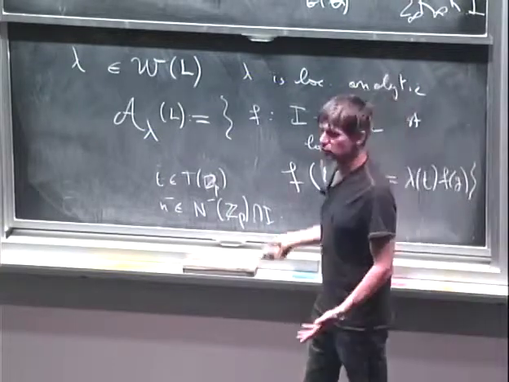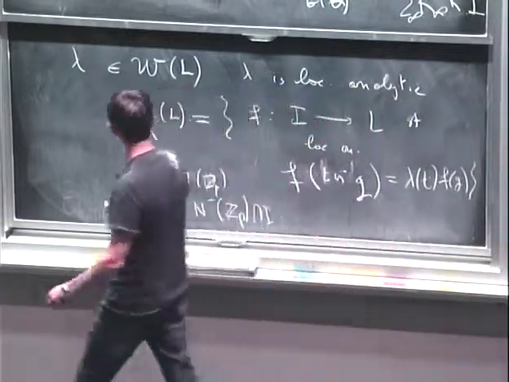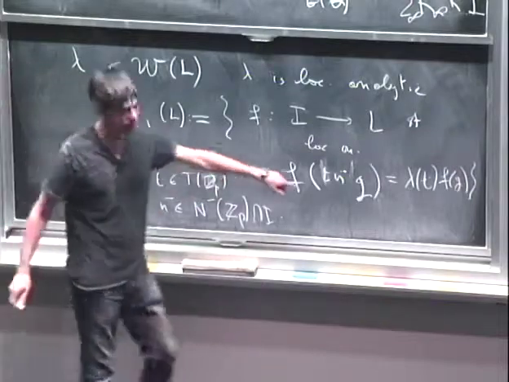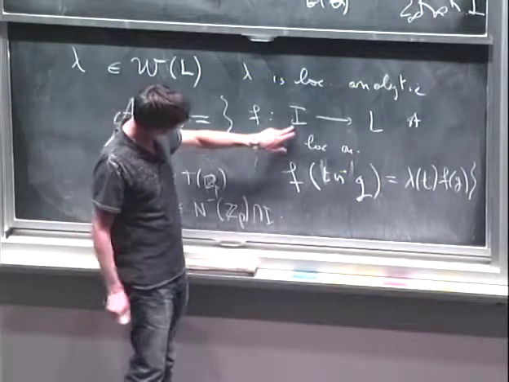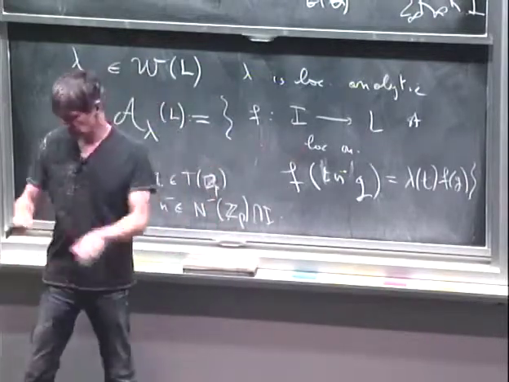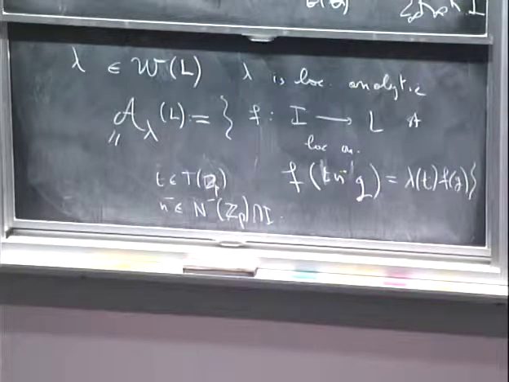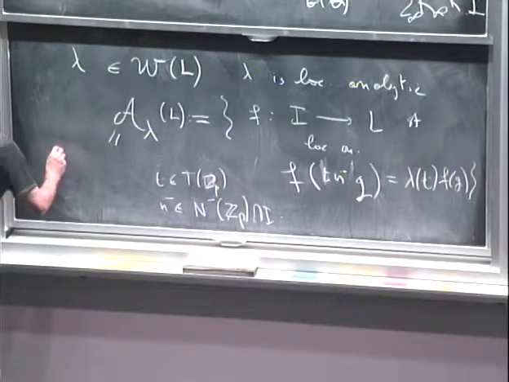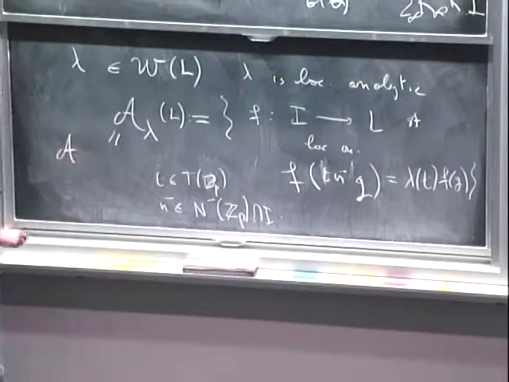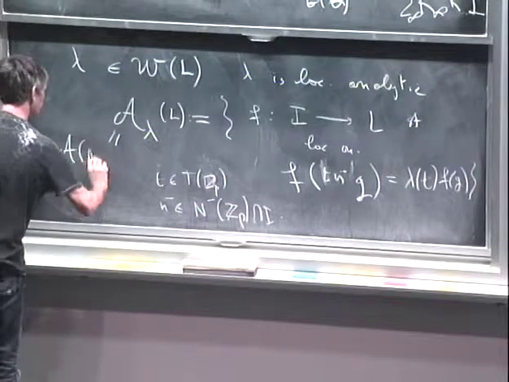And so as a space of functions, by this condition and using the decomposition of I as N minus intersection I times T of Z_p times N, you see that as a space, this is isomorphic to the space of just analytic functions on N of Z_p.